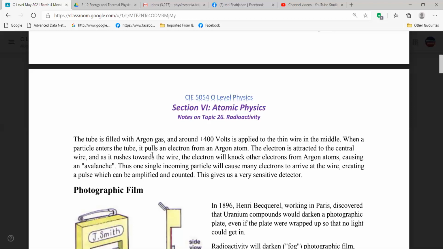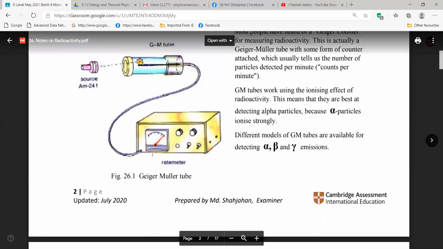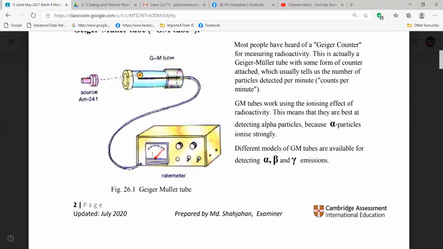Then beta particles are also coming, right? They are also ionizing. Gamma can also ionize, but only a little bit. That's why this detector, the Geiger-Müller tube, is mainly detecting alpha particles. So this one you remember: GM tubes work using the ionizing effect of radioactivity.